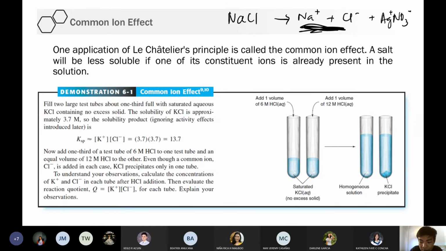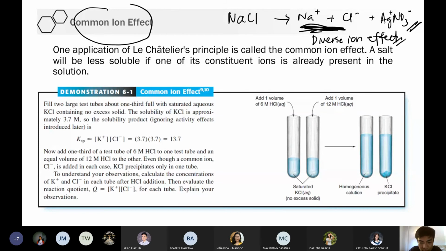This phenomenon is called the diverse ion effect. We will see more of this next meeting, next week. The counterpart of the common ion effect is the diverse ion effect. It will also change the equilibrium, but in a different way.